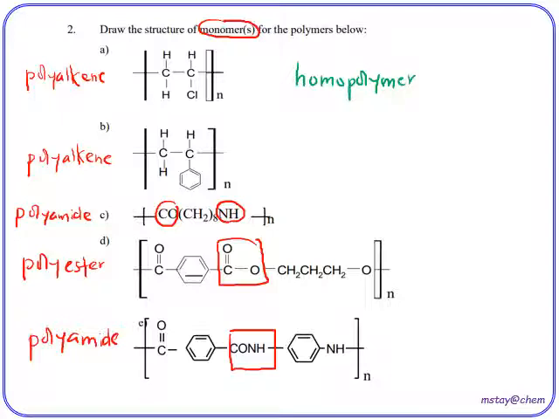While for structure B, also the same, homopolymer. And structure C is also a homopolymer because one repeating unit consists of 2 functional groups.